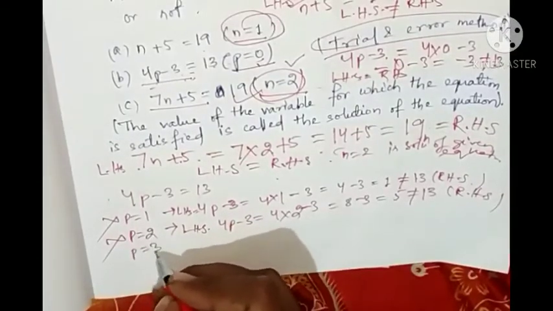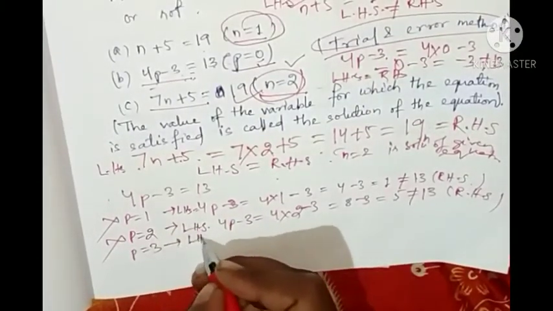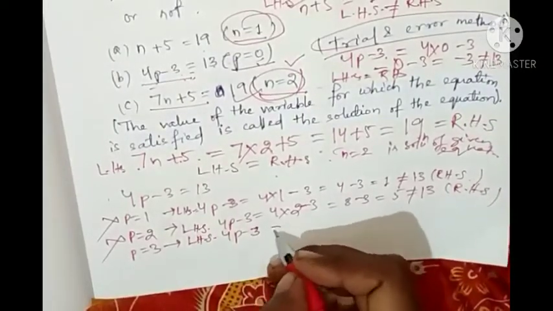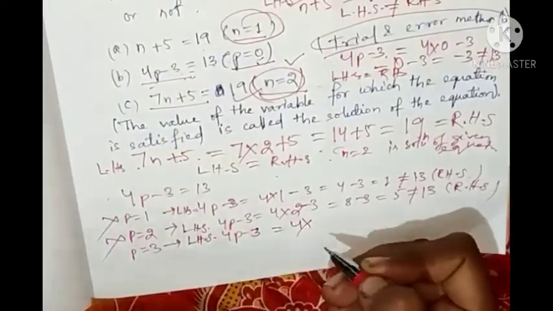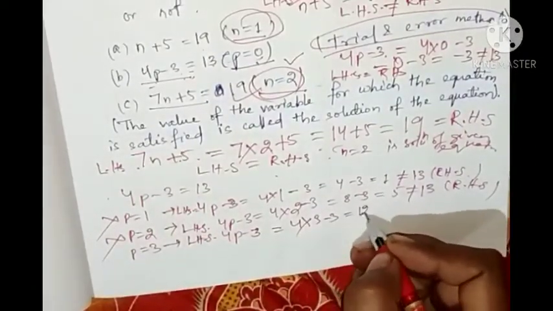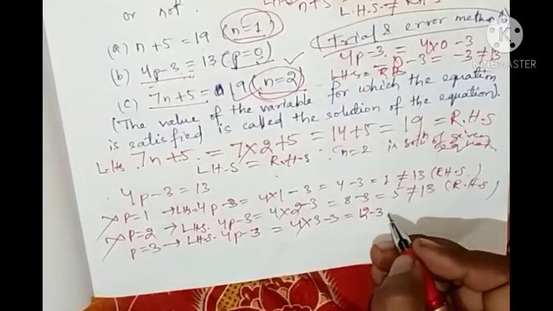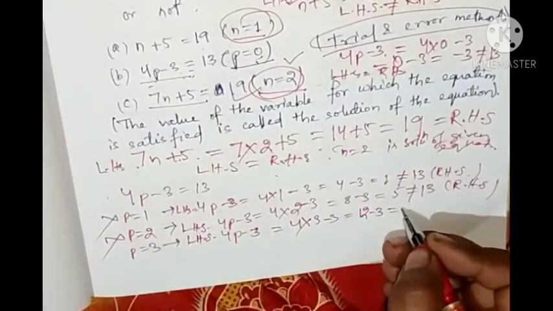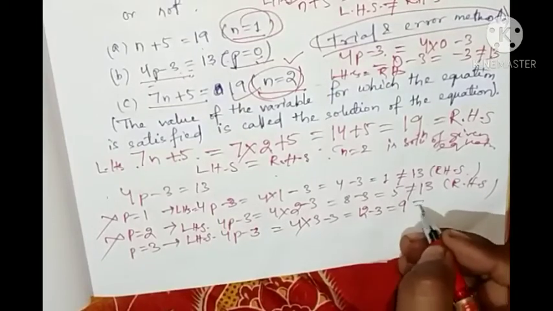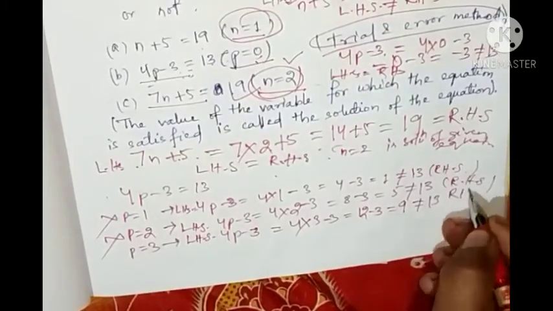Next, p equal to 3. So LHS equal to 4p minus 3. So 4 into 3 minus 3. 4 3s are 12 minus 3, how much is 12 minus 3? It is 9. That is not equal to RHS, that is 13.